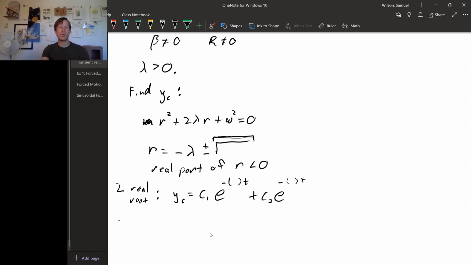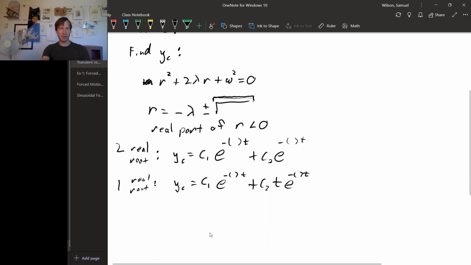In the 1 real root case, the complementary solution will look like some constant times e to some negative power times t plus c2 times t e to that same negative power times t.